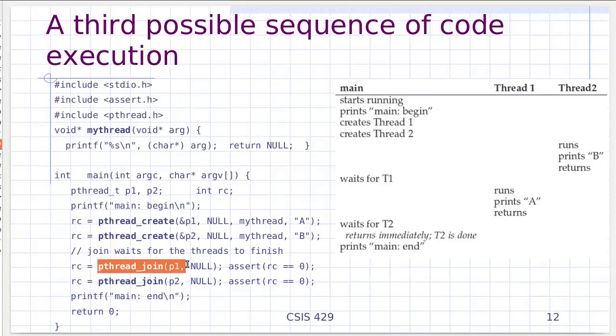So just because a thread finishes doesn't mean that it automatically starts executing this code. You still have to execute. In main, you're going to execute code sequentially, line by line, essentially. So even if thread 2 is done, you can't go past here until thread 1 is done.